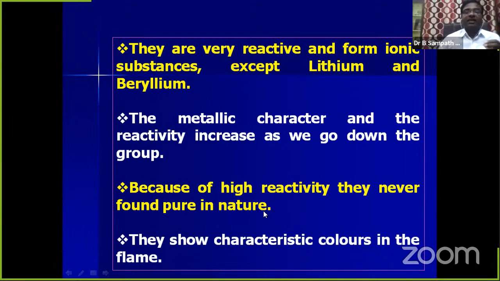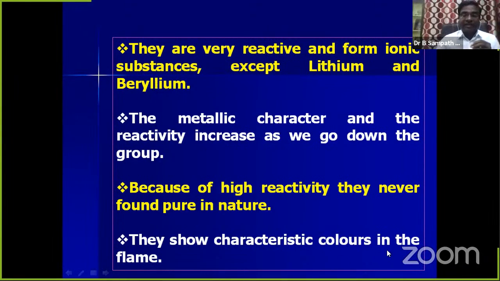First group elements lose 1 electron easily, second group elements lose 2 electrons easily, so they are highly reactive. Therefore they are never found pure in nature. They are always found in combined state with other elements, like halides, sulfates, nitrates, carbonates, bicarbonates and so on.